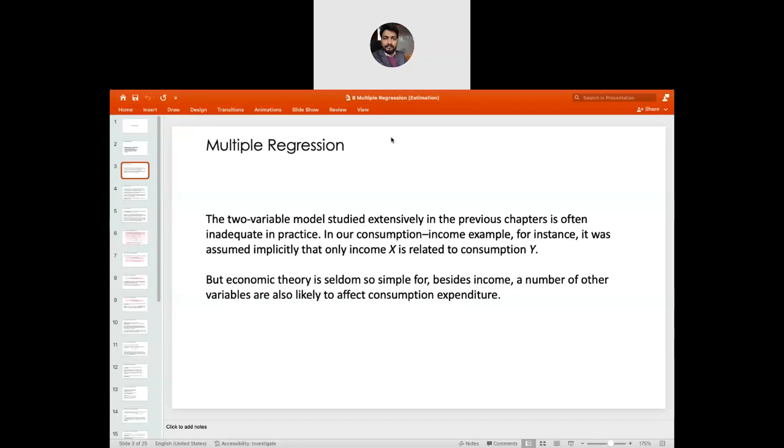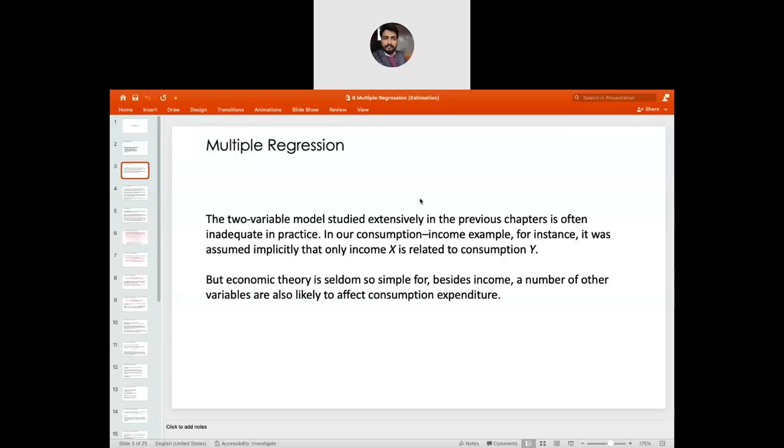So we have discussed the two variable model, and we assumed that there is only one x which determines y.